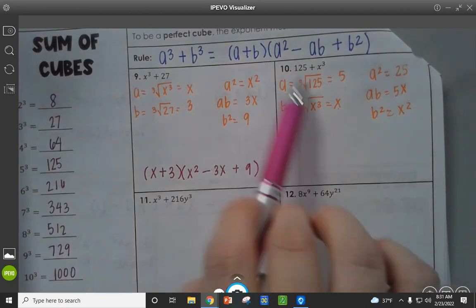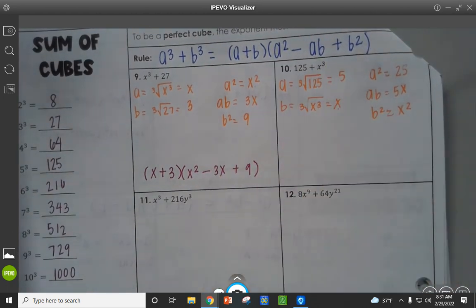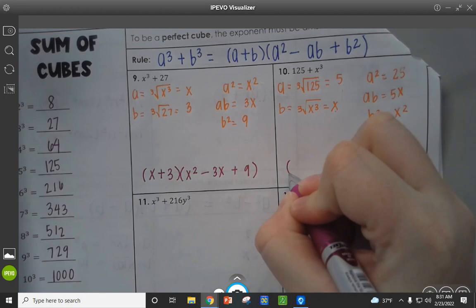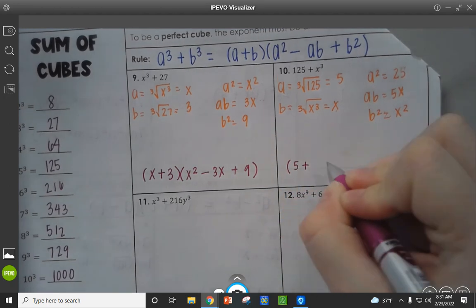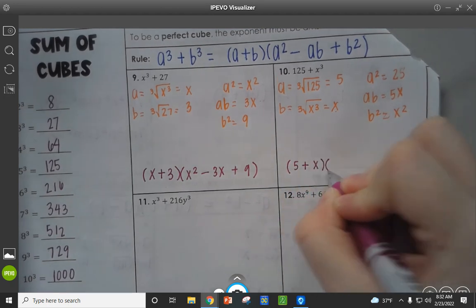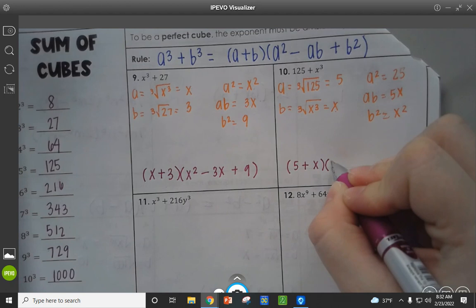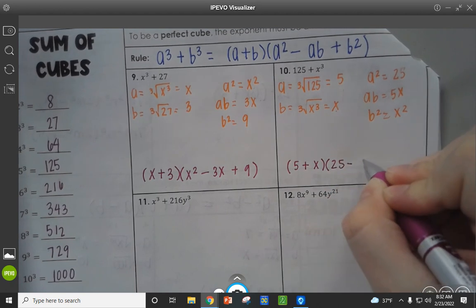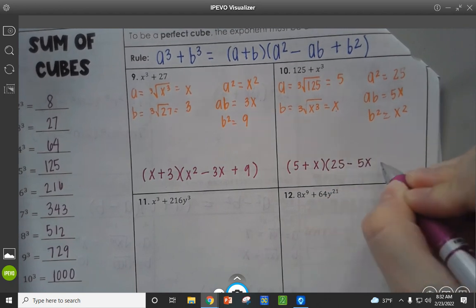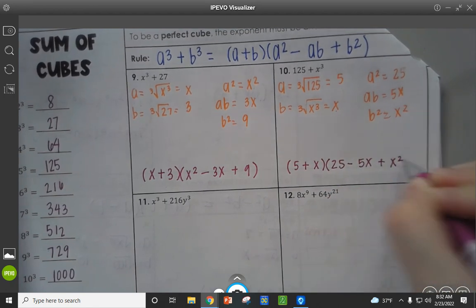And now it's just a matter of filling in to the formula. 5 plus x, 25 minus 5x plus x squared.